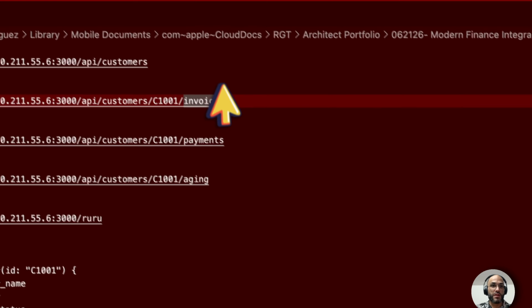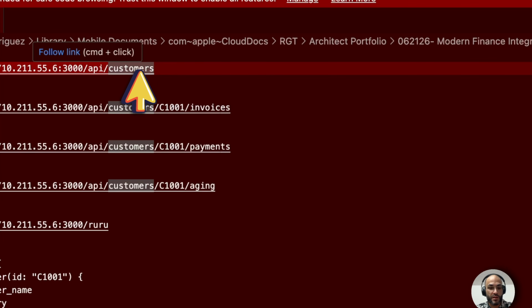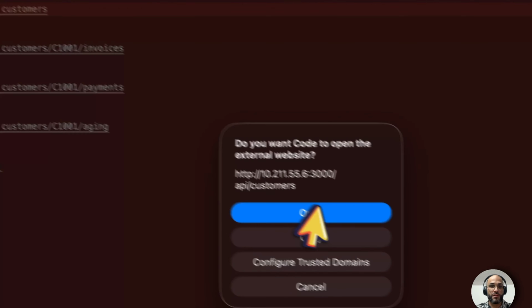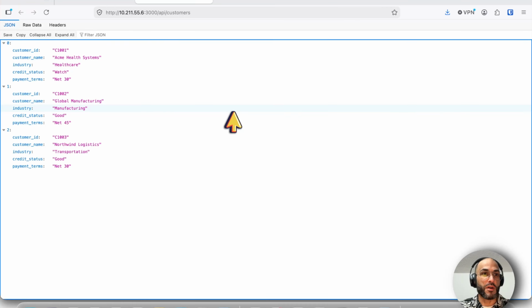So going over the quick demo, I'm gonna go over a couple of URLs, and I'm gonna start with the model for the customers that we have in our database.